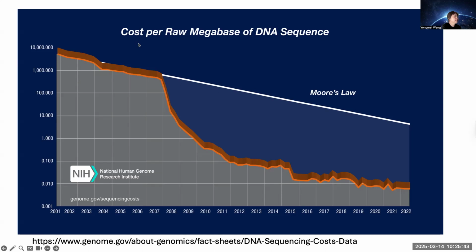So the technology of sequencing becomes so cheap, so affordable, everyone can sequence. And literally, you can sequence your own whole genome. It doesn't cost that much anymore. So that's where so much data can be generated because now we can literally sequence everyone's whole genome. And so NIH began to launch a lot of programs.